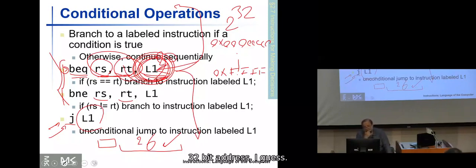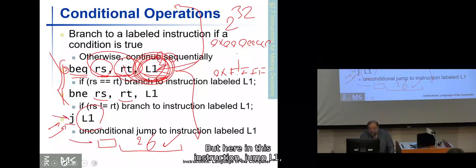Okay. So we needed 32 bits. But in this instruction, jump L1, the instruction has 6 bits as opcode and 26 bits as the value that we would like to use as the address to jump to. 26 is not 32, so what to do?